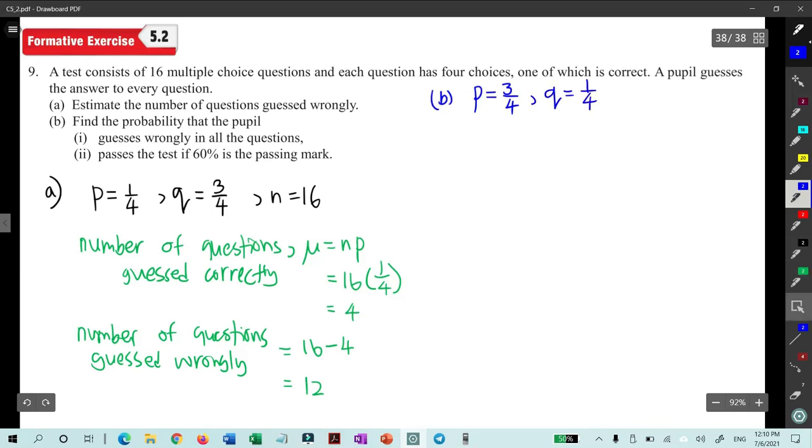In fact we also can do that for section A. If we did that, what happens? Alternative method: we can straight away take 16 times 3 over 4, which is also equal to 12.